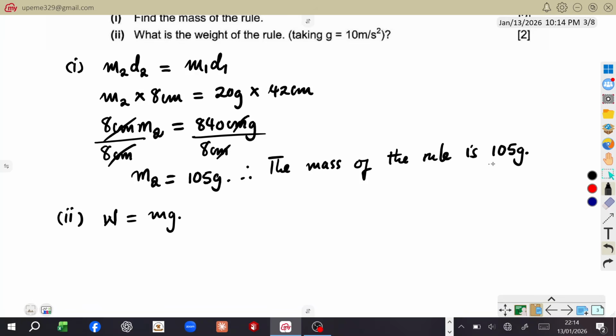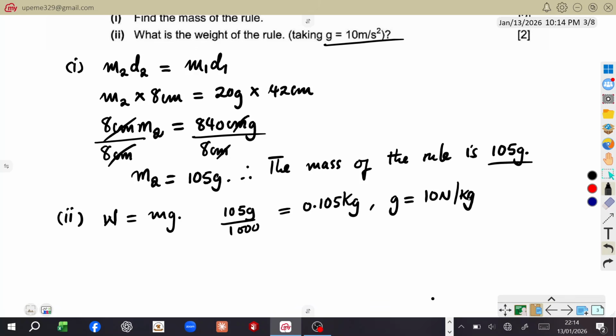Now this mass is in grams, so we change it into kg. 105 grams divided by 1000 is 0.105 kg. So that is now proper. And we know that g is 10 meters per second squared, which is also similar to g equal to 10 Newton per kg.